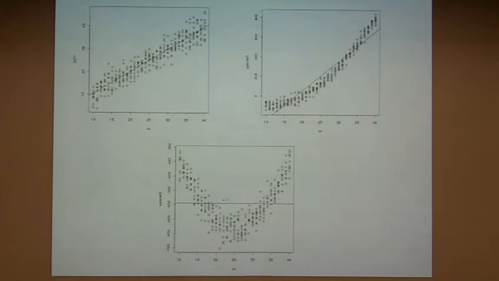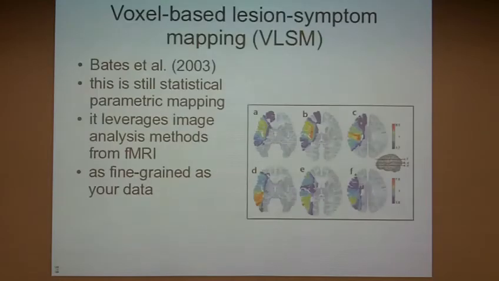So all of a sudden we've gone from two true states of the world that in some ways have the same relationship between damage and behavior, but in one case a linear model is going to completely miss out on the effect. In one case, it's not. I don't have a lot more to say about that right now. Linear models have been problematic in a lot of this analysis, but it's worth considering.